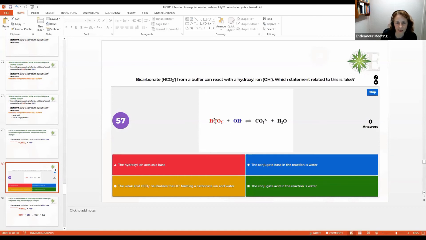So the bicarbonate ion is donating its hydrogen and it's donating it to the water. So that means that the bicarbonate ion is the weak acid, and its conjugate base in this reaction is going to be the carbonate. That means that if that's becoming the base, then the water is acting as an acid, and its conjugate base is this one.